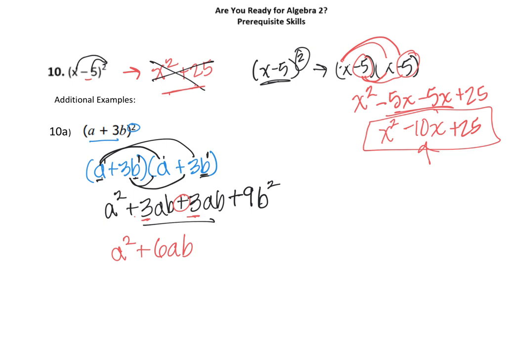It stays ab. The way I was able to change these exponents up here was because the problem called for multiplication. At this point right here, it's addition between the two values, and we cannot change the exponents. Addition and subtraction do not have the power to change the exponents. Hopefully you'll remember that, and then bring down plus 9b squared. No more like terms. That's our final answer.